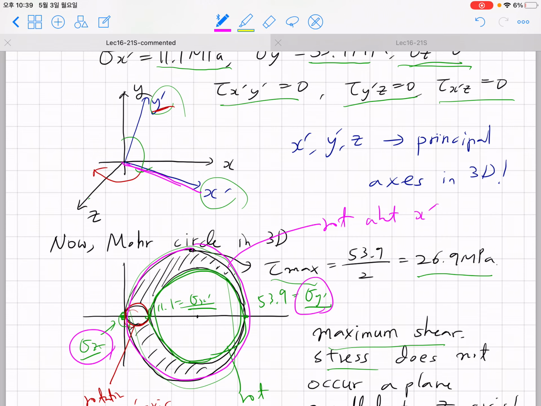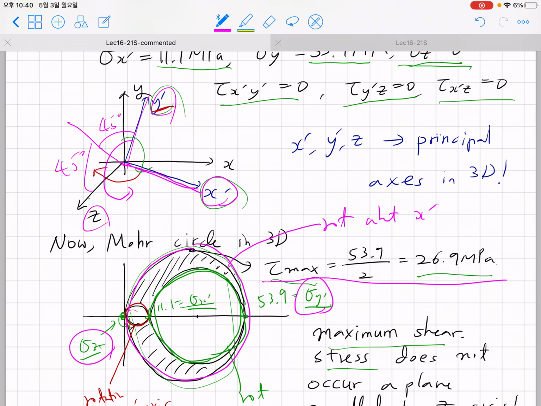You keep the x prime axis and rotate y prime and z like this, and as you rotate, you'll find a plane with maximum shear stress of 26.9, located at a 45-degree angle between the z-axis and y prime axis. This is a visual representation of the Mohr circle and general stress transformation.